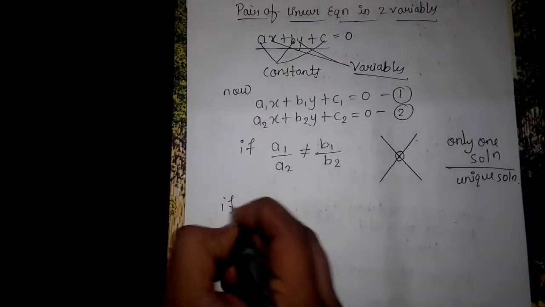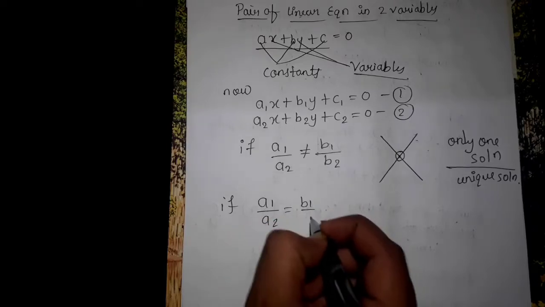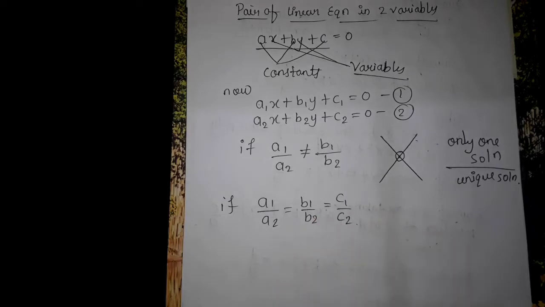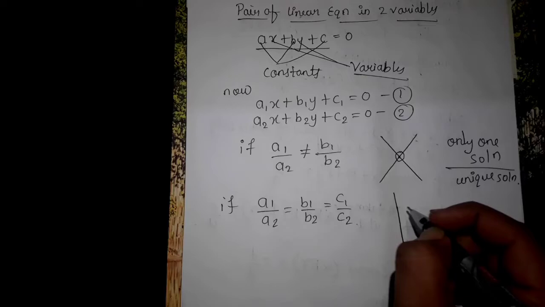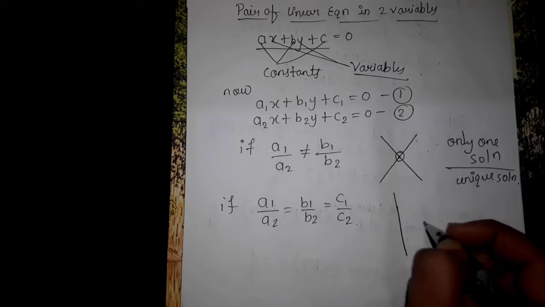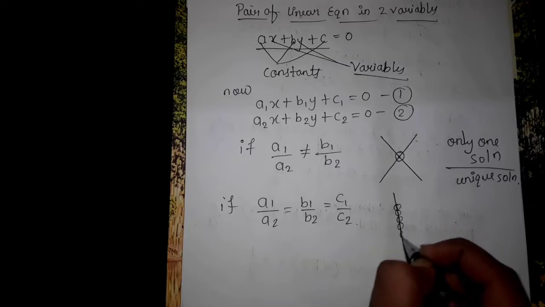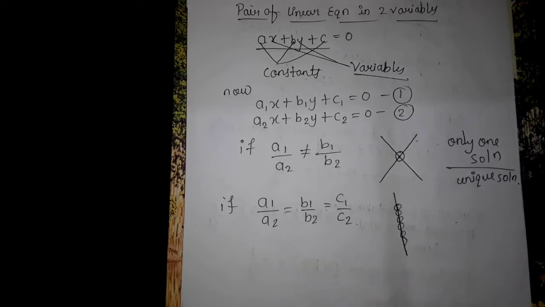If a1 by a2 is equal to b1 by b2 is equal to c1 by c2, then two lines overlap on each other, or two lines will be coincident. It means there are many points common. Many points means there are infinite number of points common between both the lines.